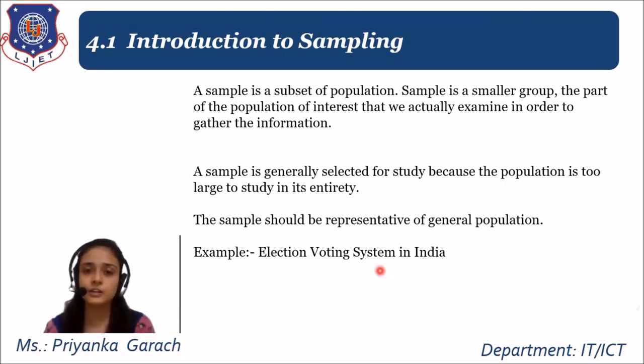So what the news organizations and the media are doing is collecting samples, that is, collecting data from 20 to 30,000 people, and they are predicting which party will win. So this was the example of the election voting system in India, which is an example of sampling.